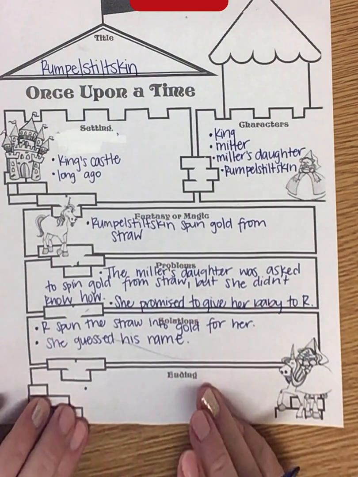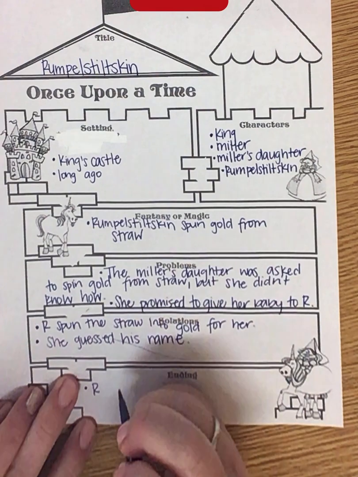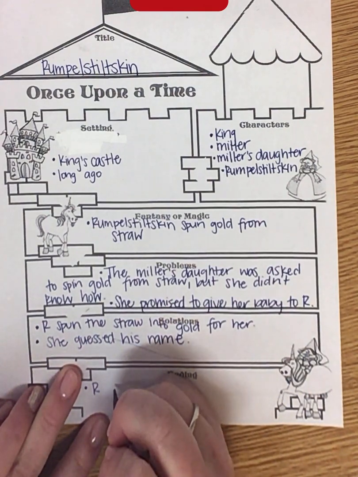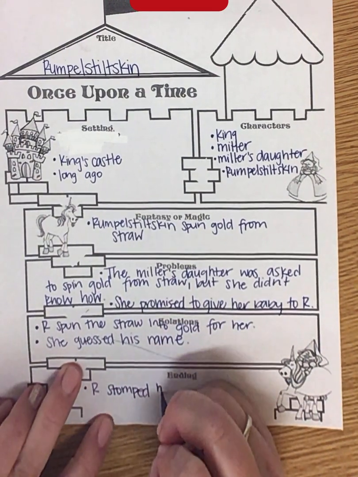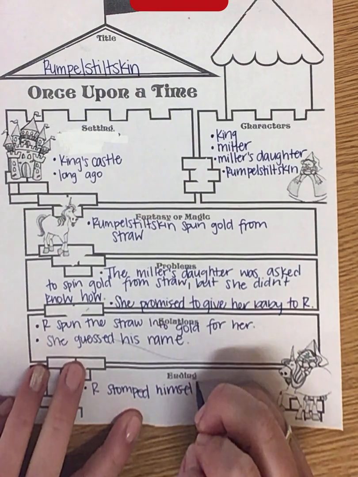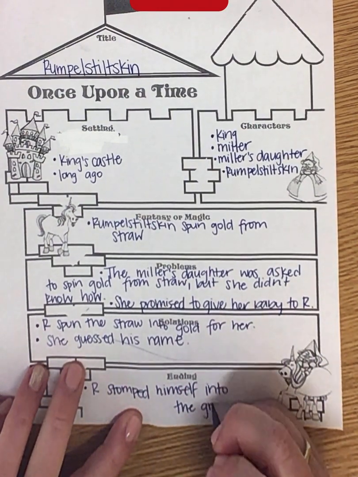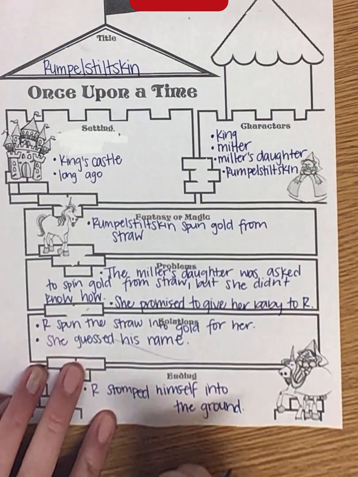It didn't say happily ever after. What happened? Good. Rumpelstiltskin stomped himself into the ground.